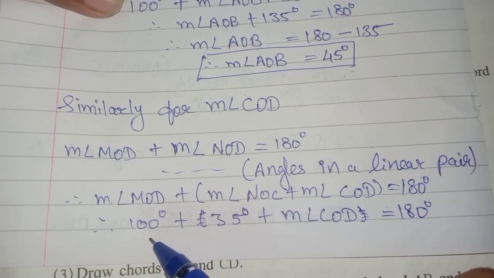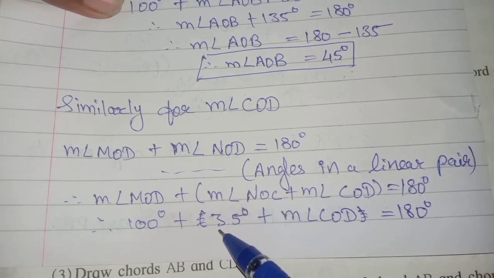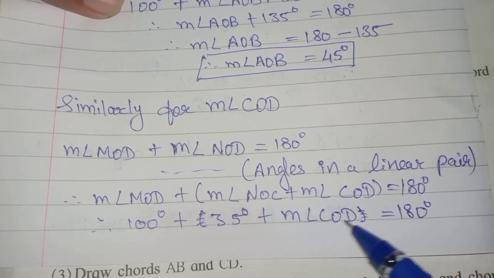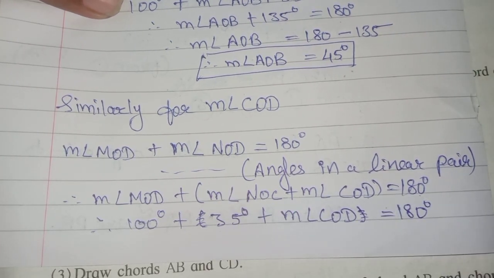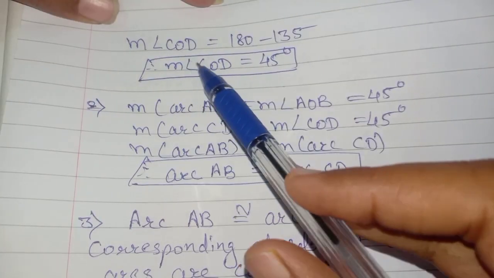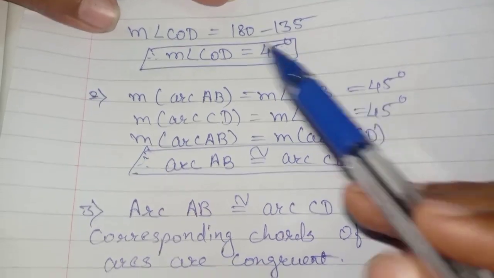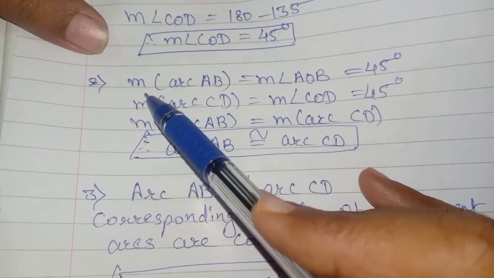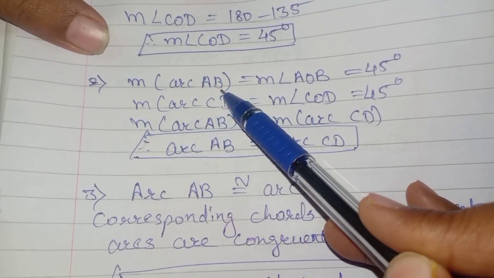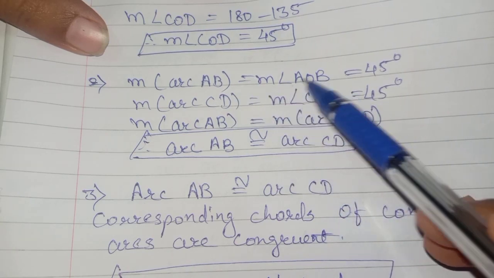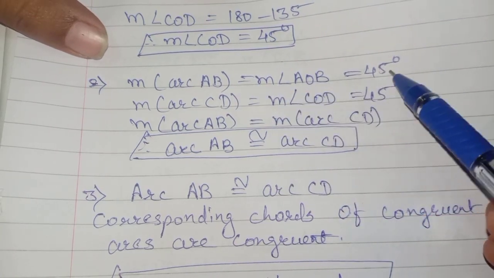Again this is 100 degrees and NOC is 35 degrees. Therefore measure angle COD is equal to 180 minus 135, that is 45 degrees.